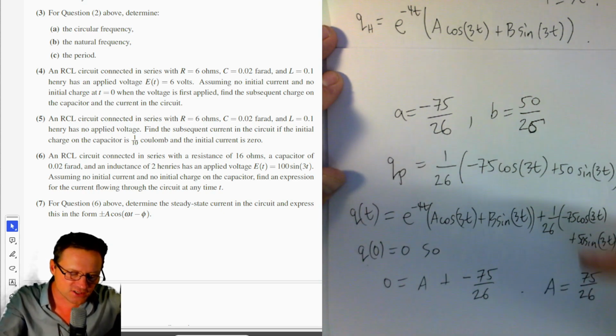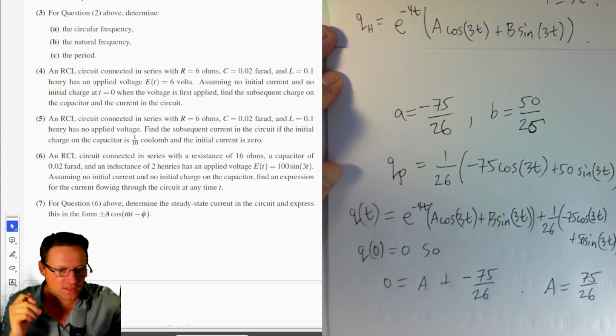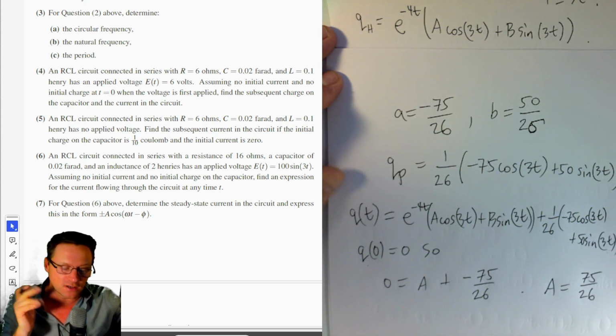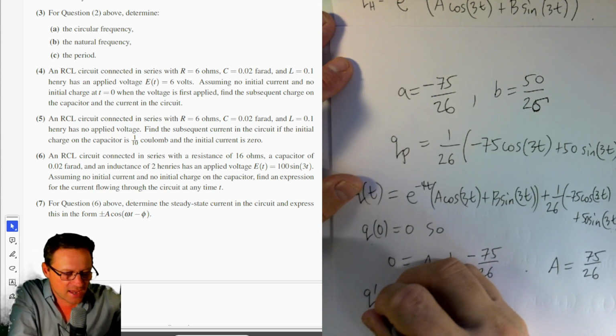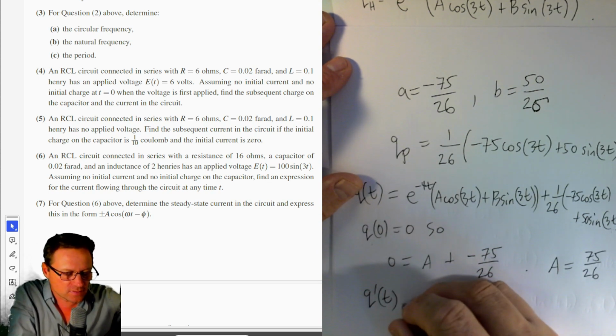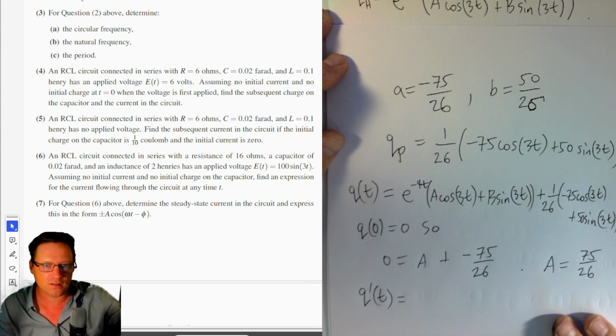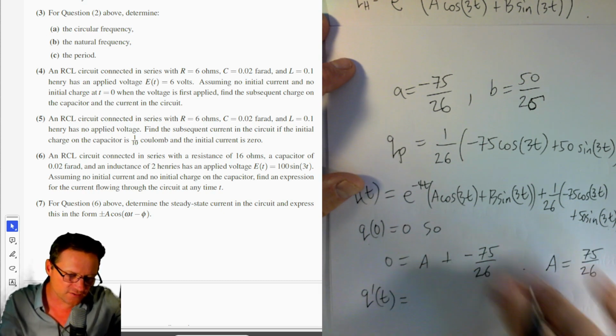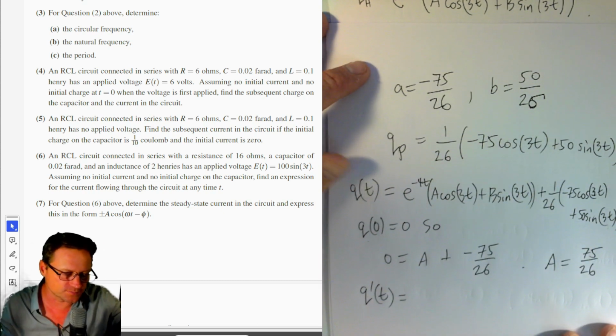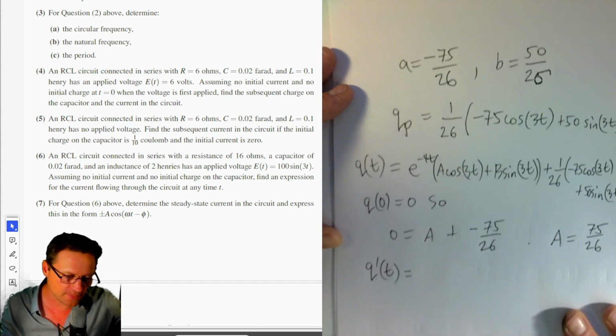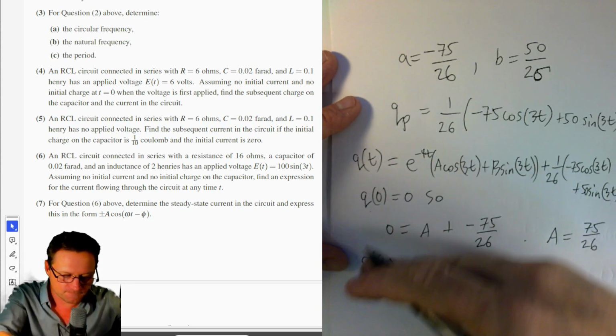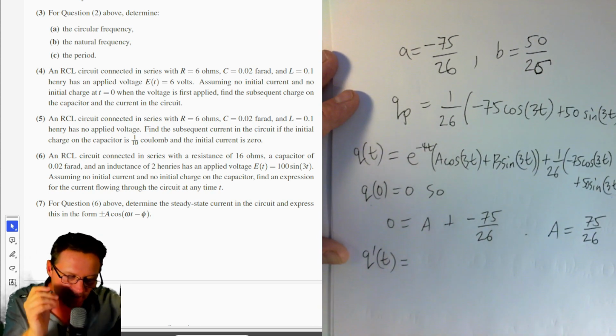Now, we need to differentiate this line so that we can use Q dash of 0 is 0. So Q dash of t is, well, this one's a little bit tricky, isn't it? For this, we need to use the product rule. Okay, well, I'll try to do this here without making a mistake.